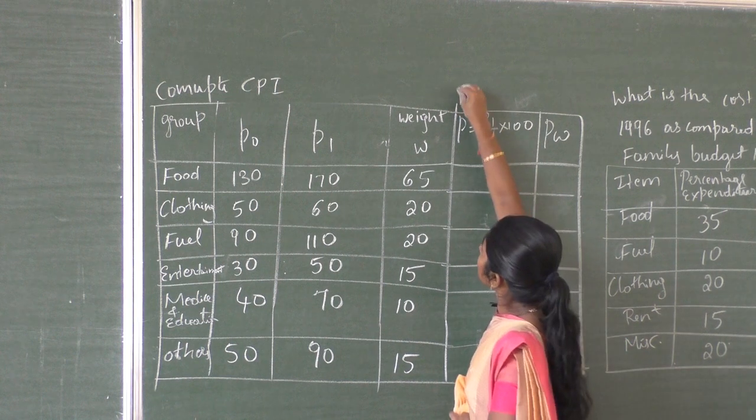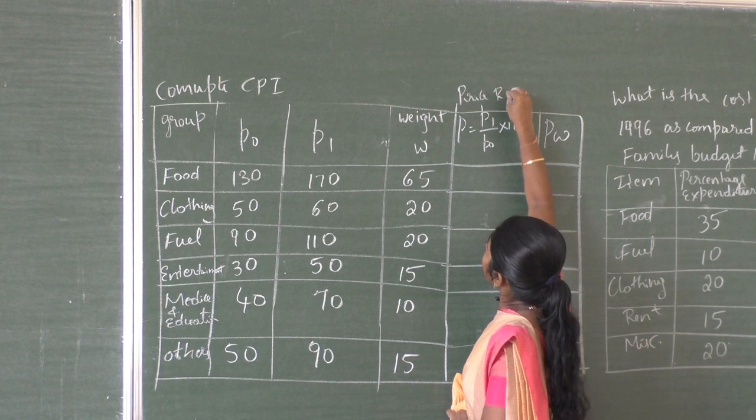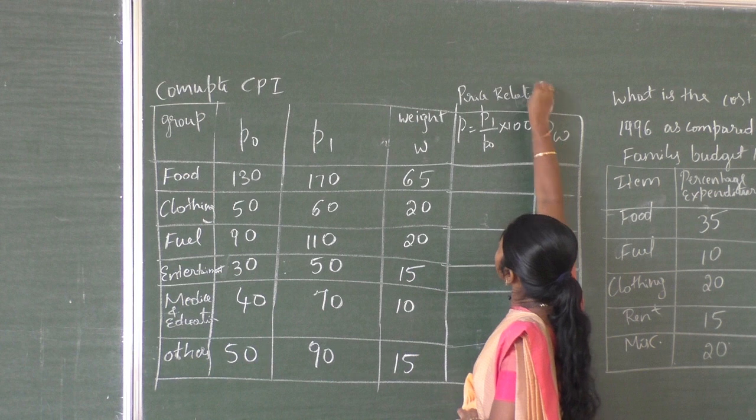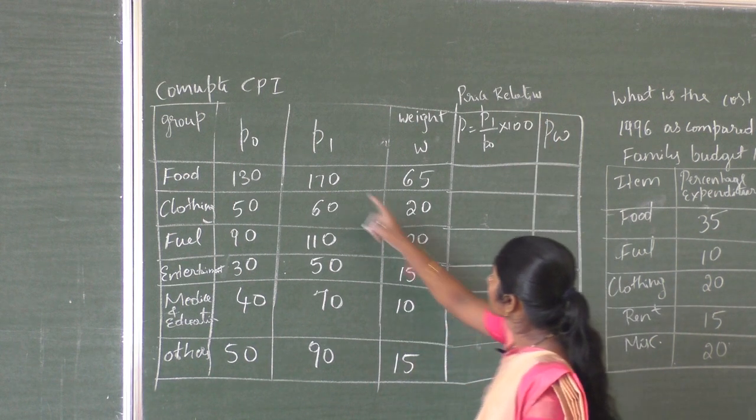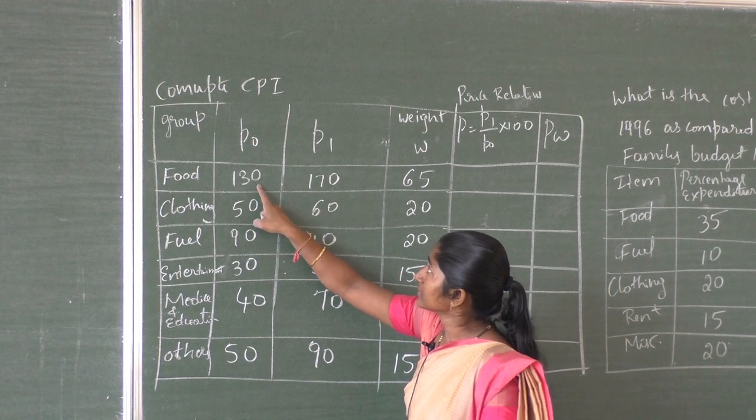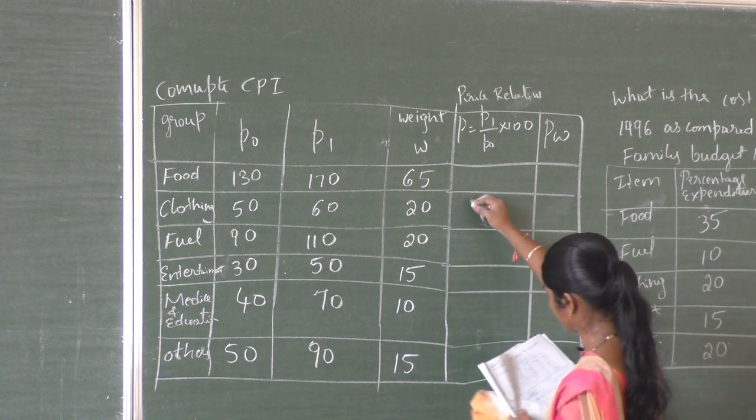This is the price relative, P1 divided by P naught into 100.